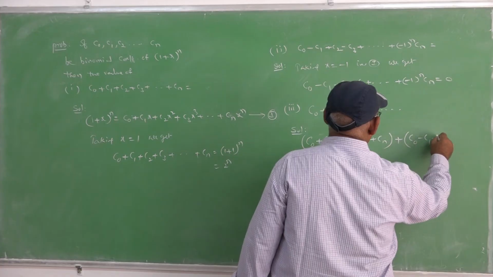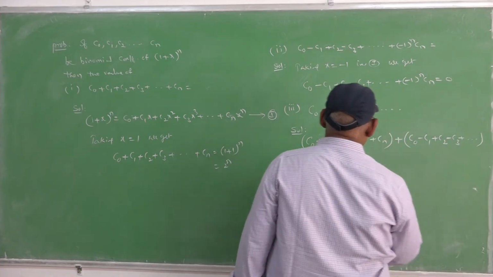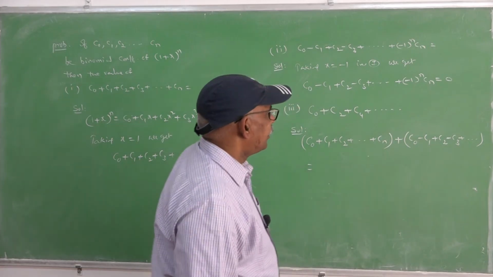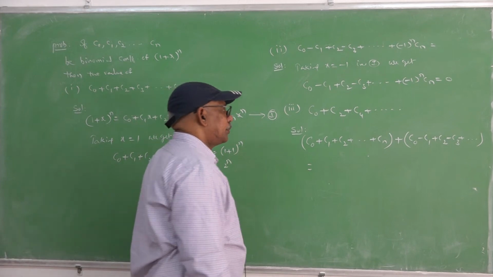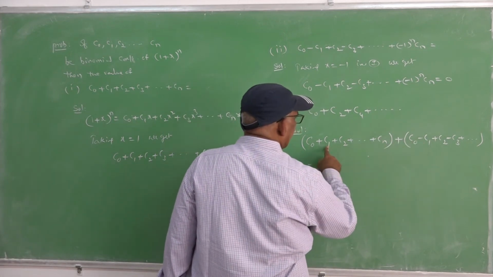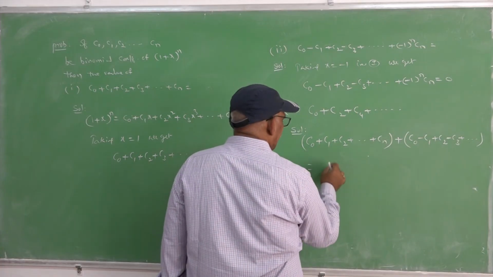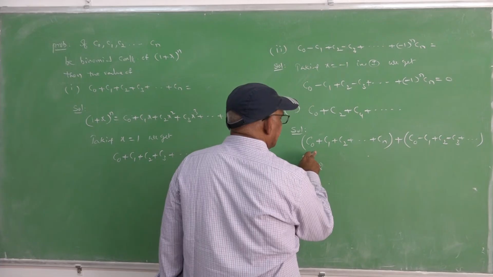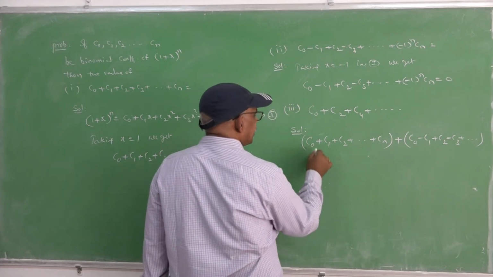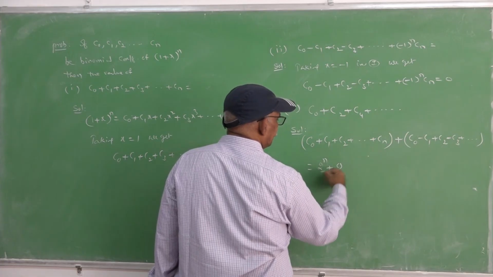C0 minus C1 plus C2 and so on, minus C3 and so on. The first and second results, adding first and second results, this C1 may cancel, C3 may cancel, odd suffixed coefficients cancel, even suffixed coefficients remain here, and this is 2 power n and that one is 0.